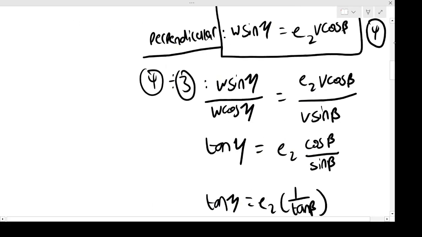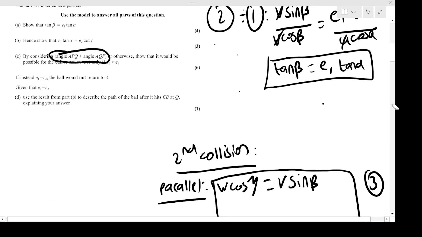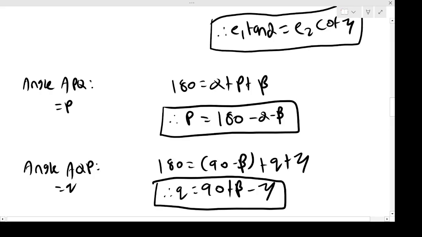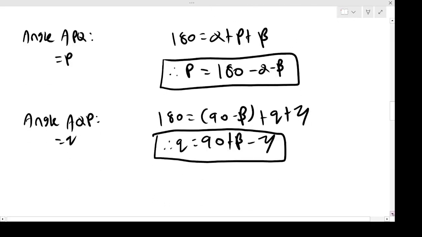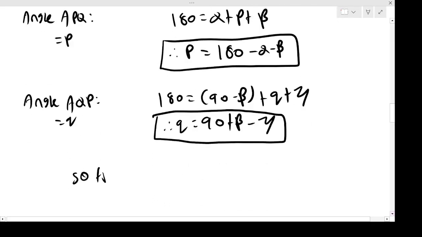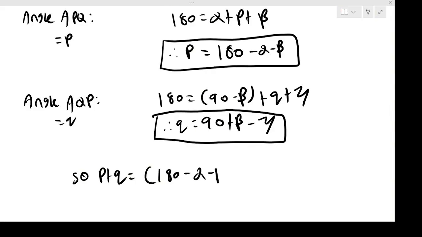Now the question wants me to add these two angles. So now let's do just that. Remember these two angles are called P and Q. So let's consider adding P and Q. Literally, if I just bring these two expressions together, that's going to be 180 take away alpha, take away beta, then add on 90, add beta, take away gamma.